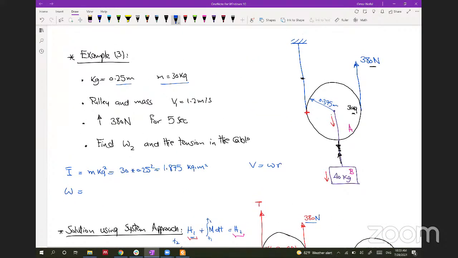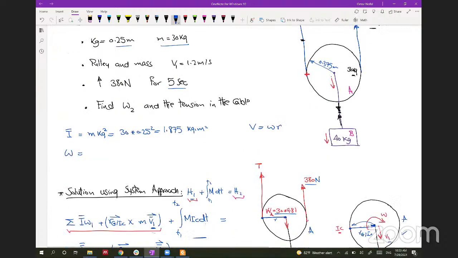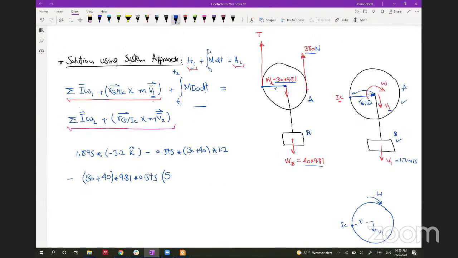I have 5 seconds and it's starting from 0, so it will be multiplied by (5 - 0). Here, this is force, and when you multiply it by this, it will give you moment. And when you multiply it by the time, it will give you angular momentum. That's what I did. So we got only the weights.